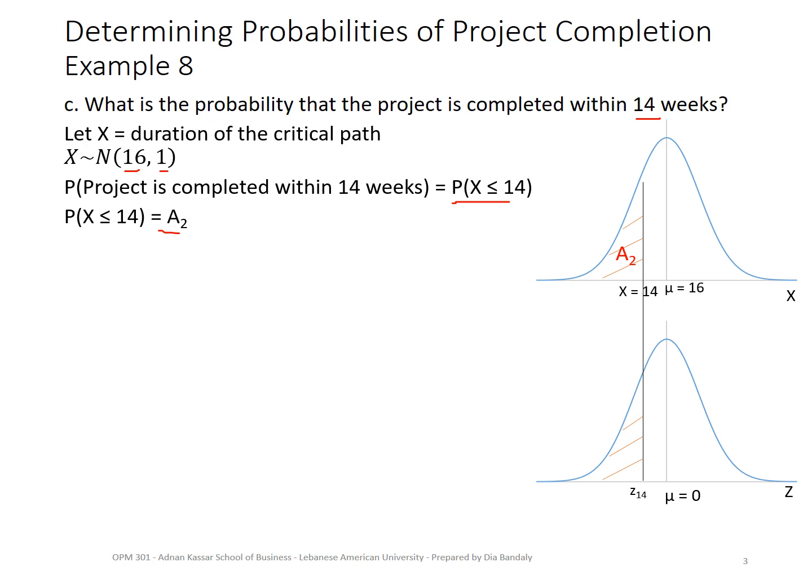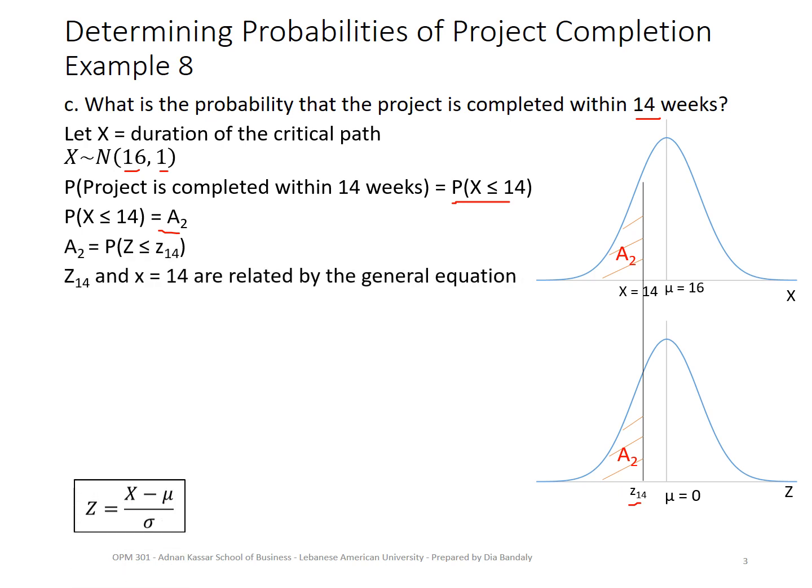I will call it Z14. And for Z14, I find this area, which is the same as the area above, which is A2. So the question here is to find Z14 and then find A2, and this A2 will be the same for X.